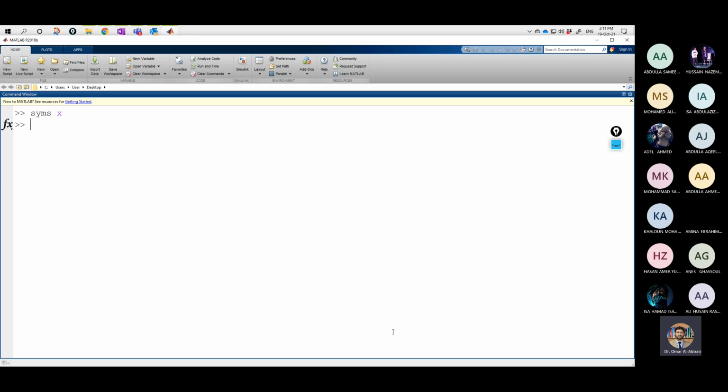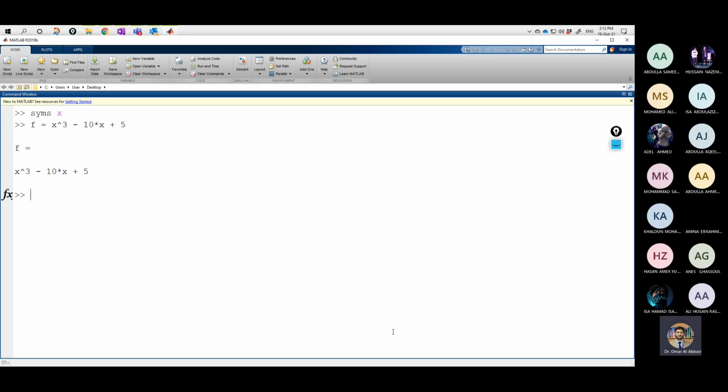So syms basically creates a symbolic variable, and let's say that this symbolic variable is called x. Now, let me define f, but this f is not a function, it's an expression, okay? And this expression is x cubed, the same expression that we have, minus 10 times x, right, plus 5.